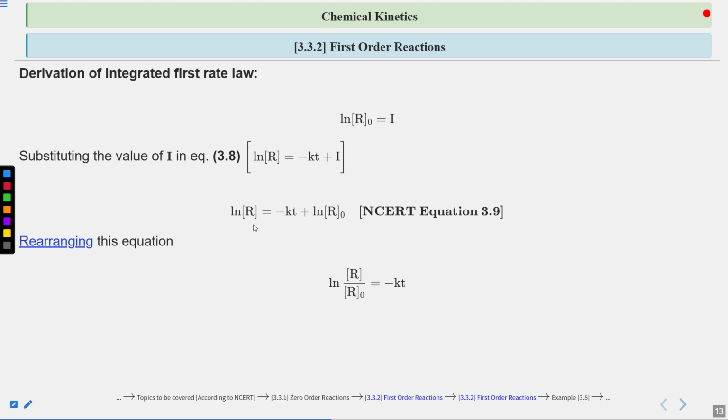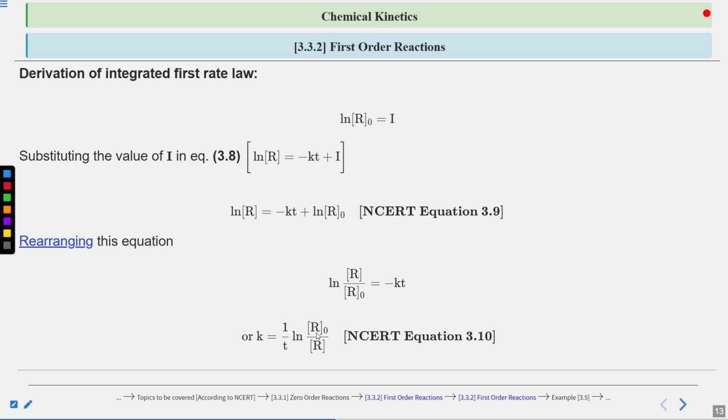So ln r minus ln r naught will become ln r by r naught is equal to minus kt, and from this the k value will be 1 by t of ln r naught by r. So this negative sign will go into the multiplication of ln r by r naught, and this multiplication of minus 1 with the ln will go to the power of r by r naught, which rearranges the numerator and the denominator, and that's why we got r naught by r.